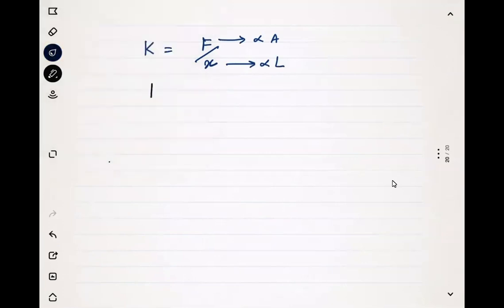So this K will become Young modulus if F is divided by A. Now, when you divide force by area, since they have a direct proportion, if you double the area, the force needed becomes double. And as a result, the F over A term will remain constant.